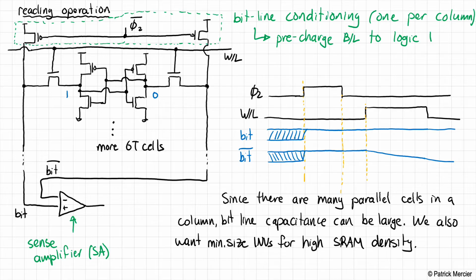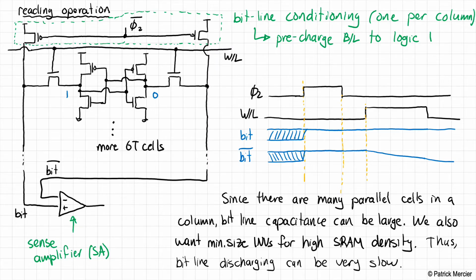But because of this, we have lots of capacitance on the bit line and we have tiny little inverters in our SRAM cells, so bit line discharging rates can be very slow.